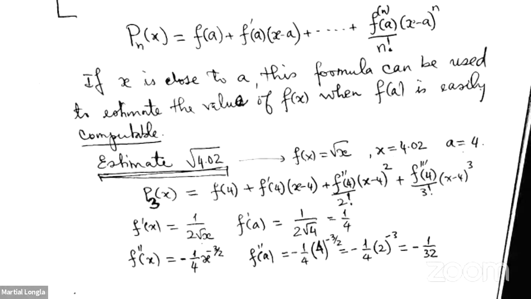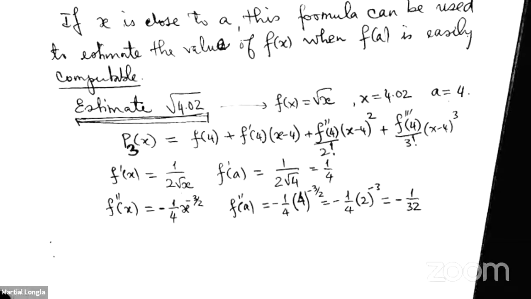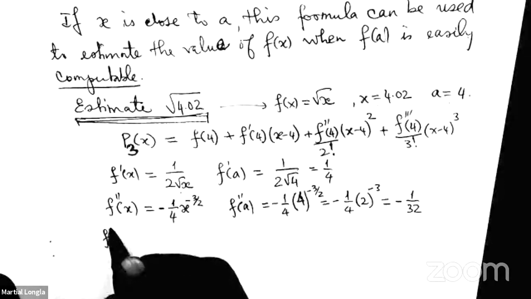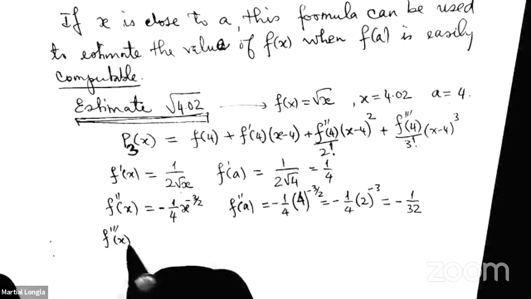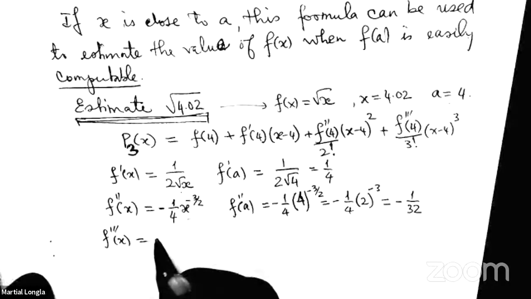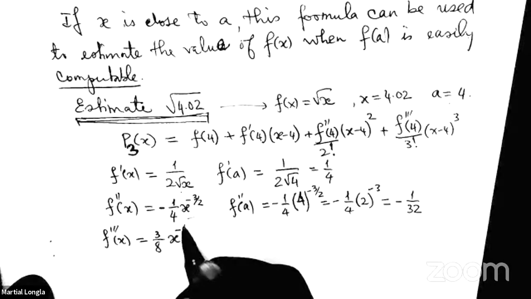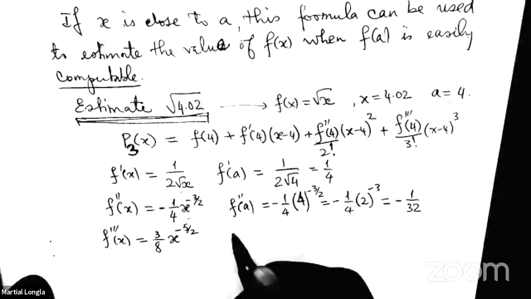And then you get the third derivative, which is the derivative of this derivative. Minus 3 halves comes in, that becomes 3/8 x to the power minus 5 halves.